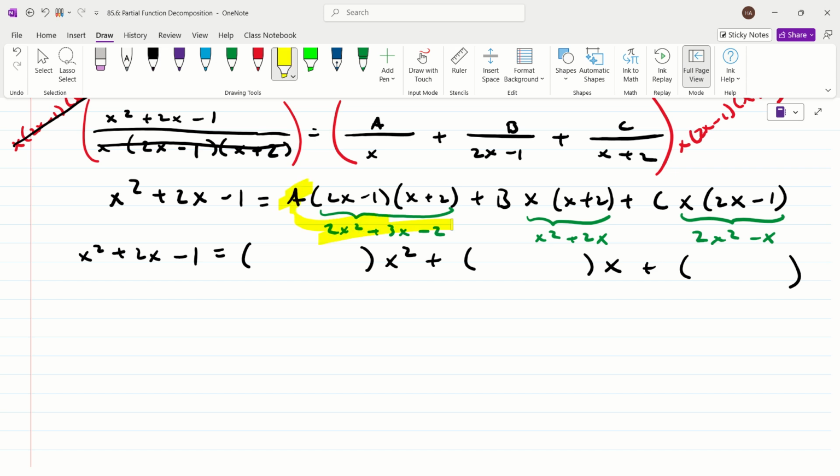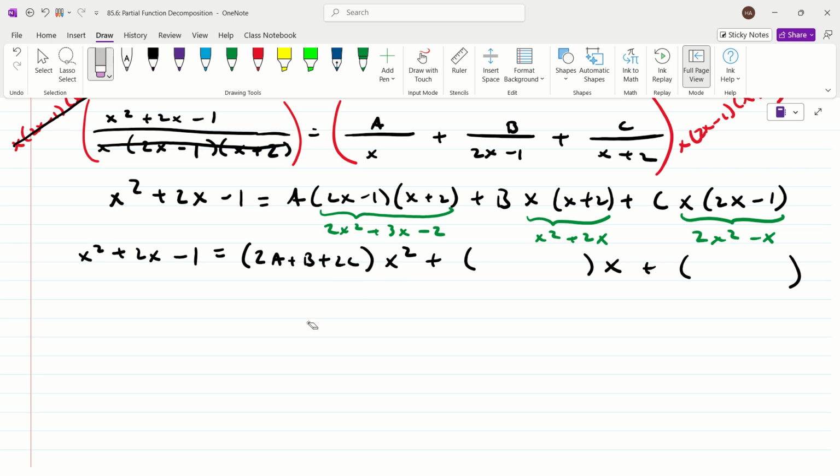When I multiply this a times this expression, I will get, for my x squared terms, 2a x squared, and I would count for that here with a 2a. When I multiply this b times these guys, I'll get a b x squared for my quadratics, and I'll account for that here. And when I multiply this c times 2x squared minus x, I'll get a 2c x squared, which I'll account for with that 2c there.